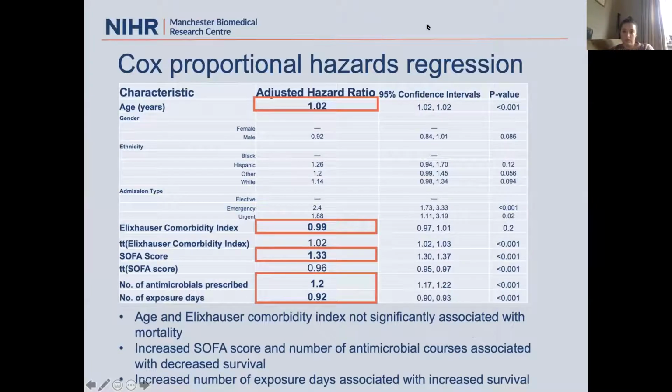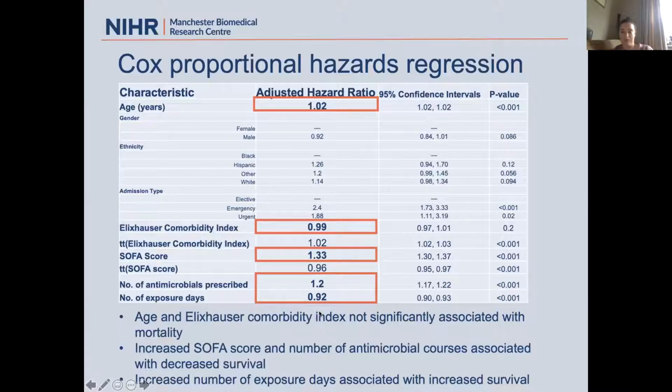So in order to look at this in a bit more detail, I used Cox proportional hazards regression to look at the factors associated with mortality. Because of the issue that I mentioned with the older patients and the patients with the higher SOFA score being more likely to die early on in their ICU stay, so less likely to receive more antimicrobials, the antimicrobial exposure variables, the two at the bottom, were included in the model as time varying covariates.